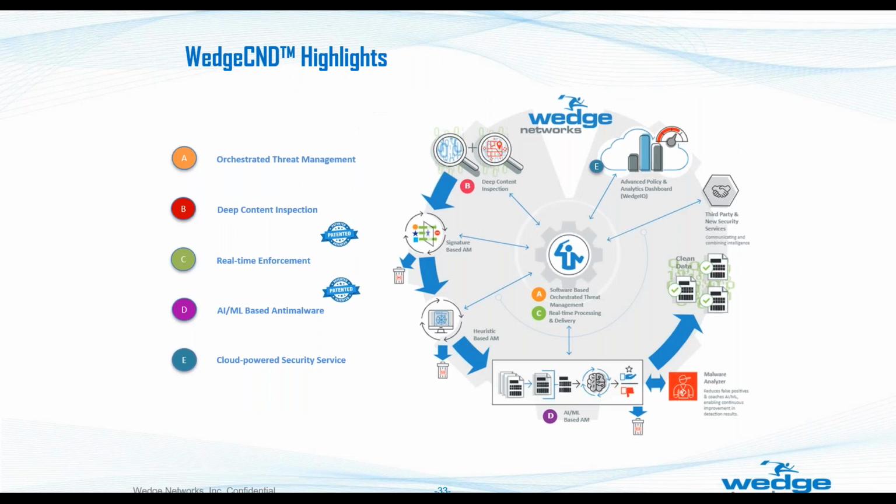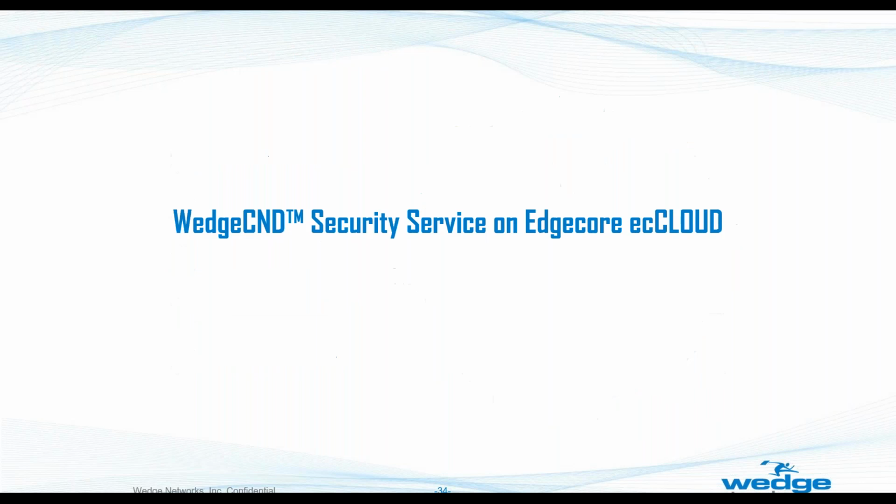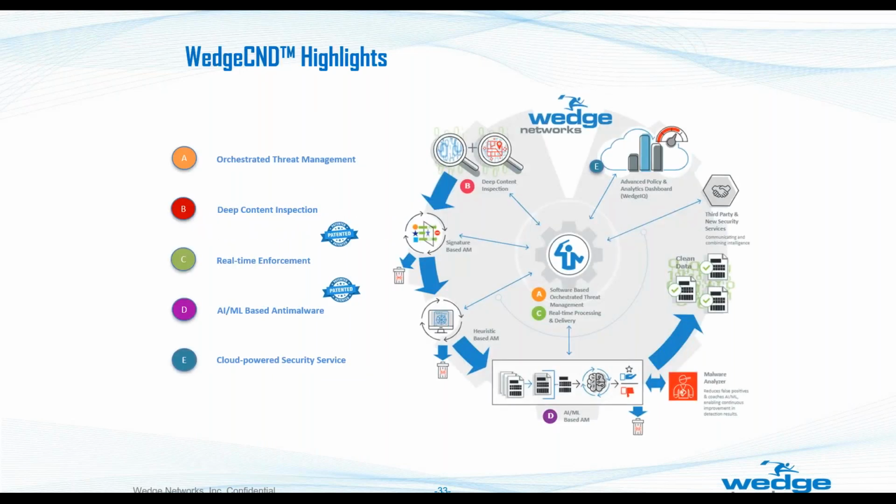So in summary, the main features of WedgeCND are as follows. A, it is a software-based orchestrated threat management system. B, it utilizes Wedge's patented deep content inspection technology. C, it has real-time defense capability.